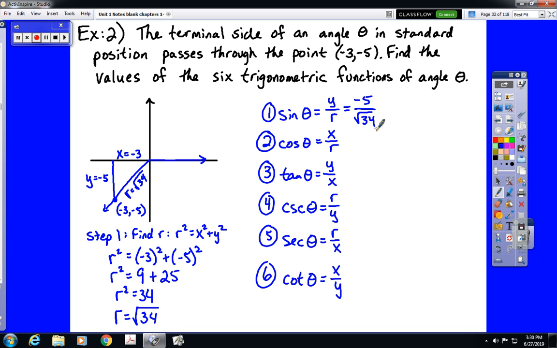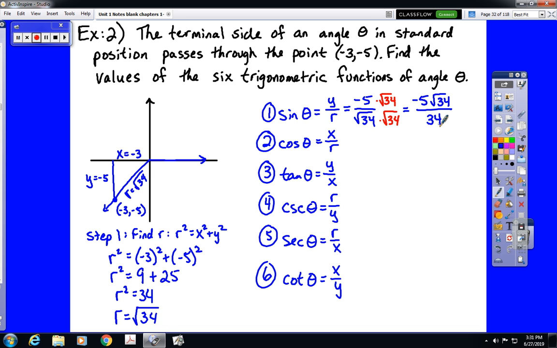Now the problem with that is you are not allowed to leave the square root of 34 on the bottom of a fraction. So we have to carry out a process that you should have learned in Algebra 2 called rationalizing the denominator, where we multiply the bottom and the top by the square root of 34. Now all that really does is it moves the root 34 to the top of the fraction and gets rid of the root on the bottom.